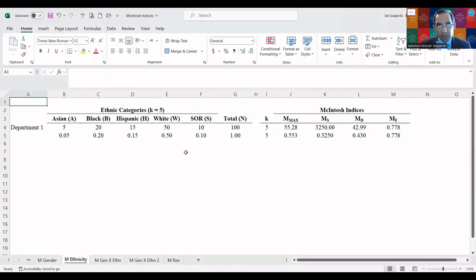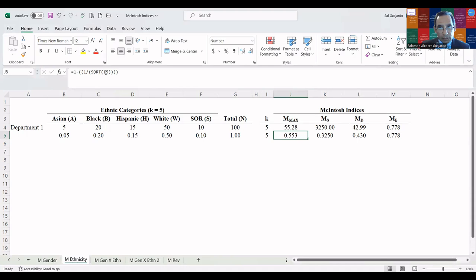Again, this is the same ethnic data that was presented in episode 1 and episode 2. Recall that in episode 1, the Simpson indices were applied to this data. In episode 2, the Smith and Wilson indices were applied. And again, I'm going to apply the McIntosh diversity scores to this data, using just row number 5 that has the percentage data in it.